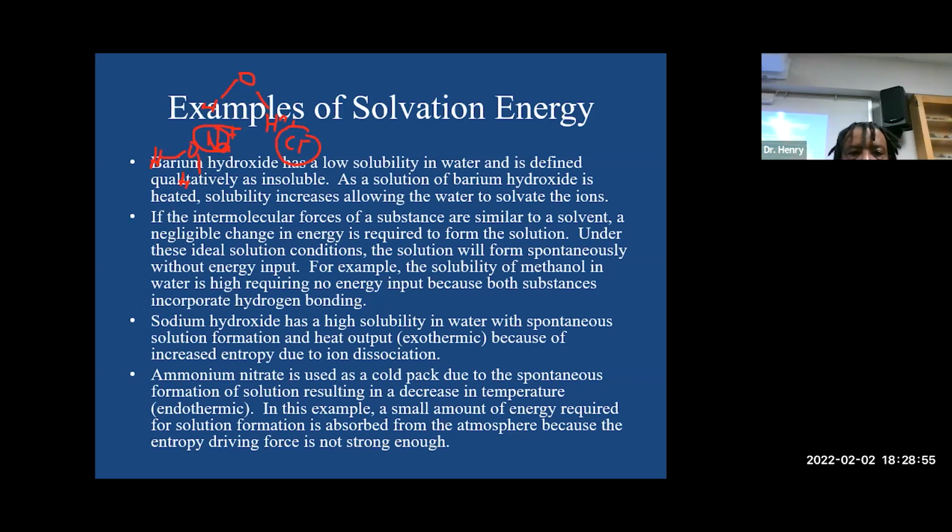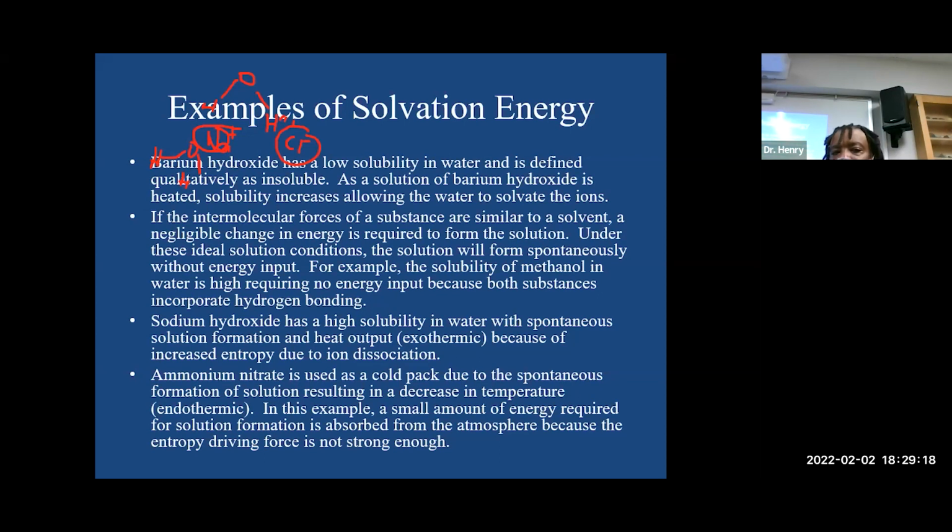Okay. Now, sodium hydroxide is highly soluble in water, and this is going to be spontaneous, right? So that means that, boom, instant, it's going to happen. But the thing is that as a result of that, we're also going to get heat formed, right?